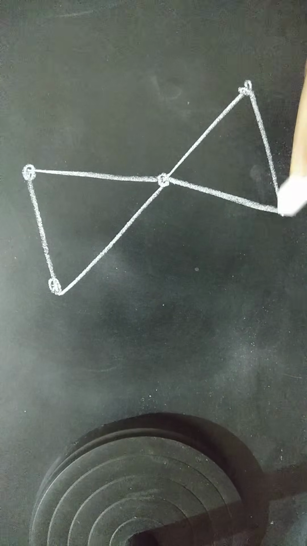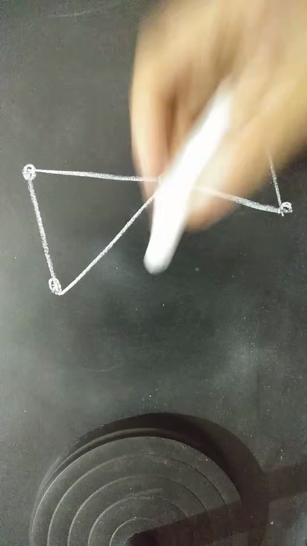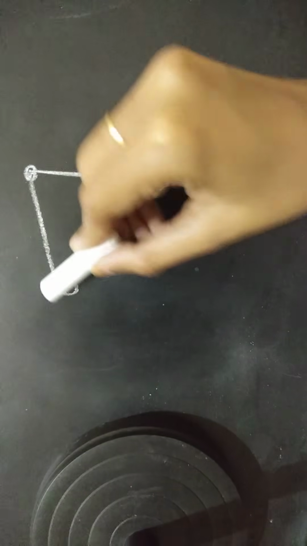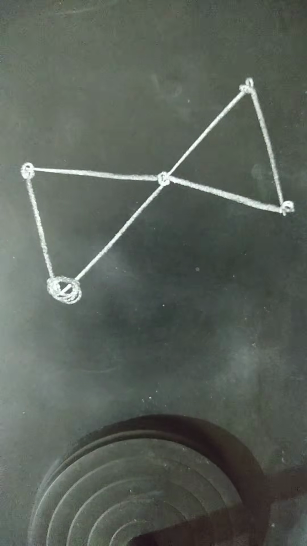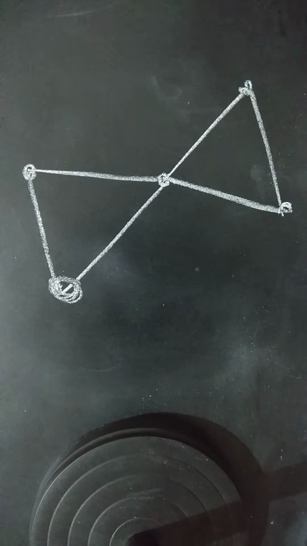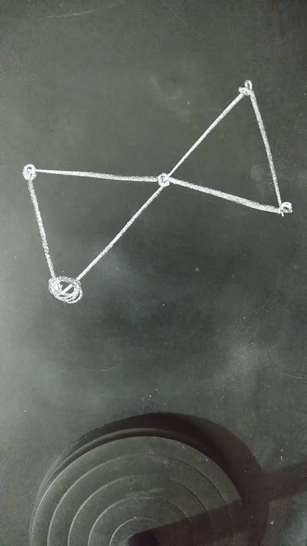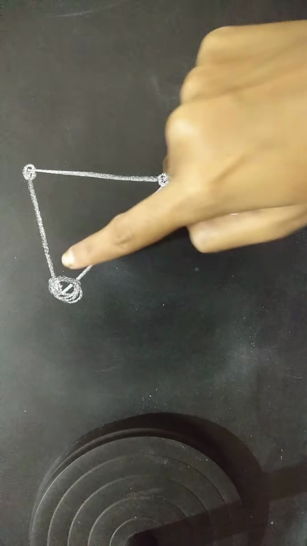Can you see this? Listen, you are starting your tour from this. This is your bus stand. Imagine you are starting the tour from here. I will tell you what is Euler tour. The definition first.